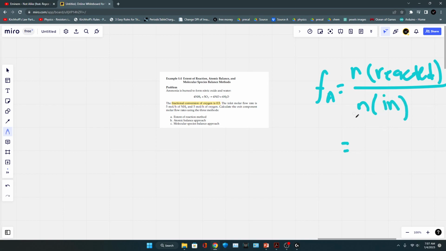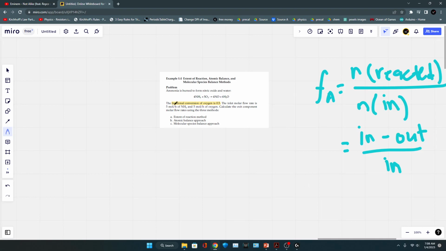But it can also be broken down into the amount of substance that's going in minus the amount of substance that is coming out of a particular system, divided by the amount of substance that's coming into the system. So this is the proper definition of a fractional conversion.